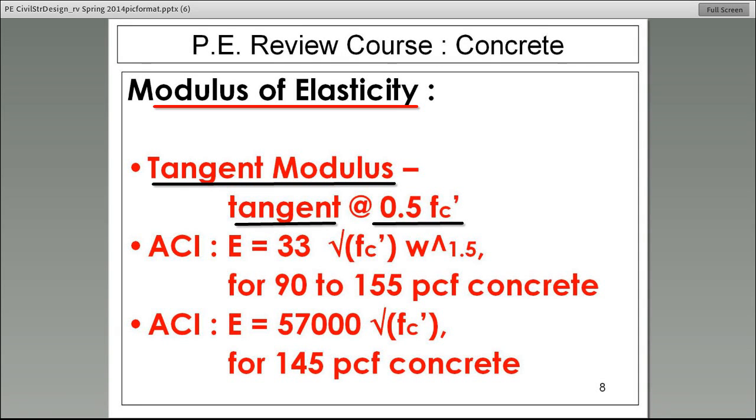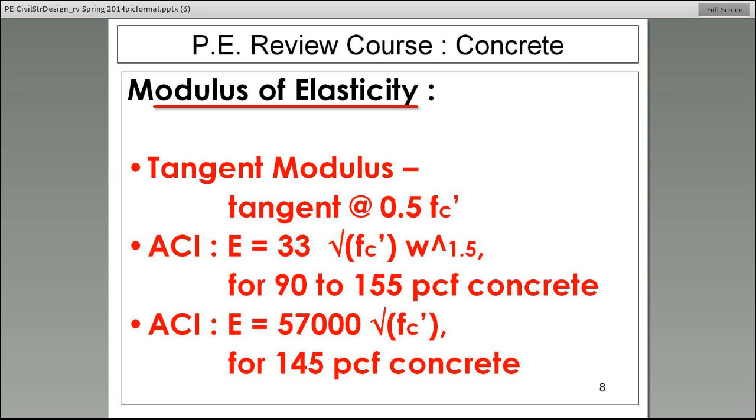So at the point 0.5 times F prime C on the curve, we draw a line that's tangent to the curve, and we calculate the slope of that line. You don't really need to actually calculate it because, again, ACI uses this equation to give us that value.